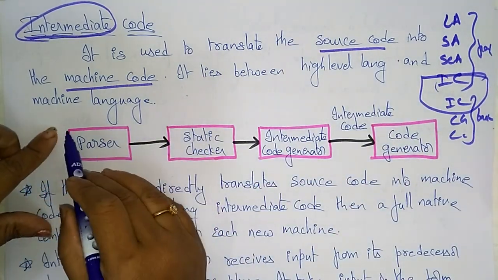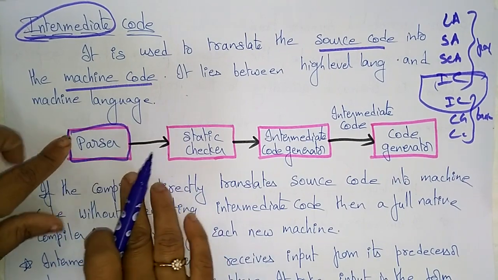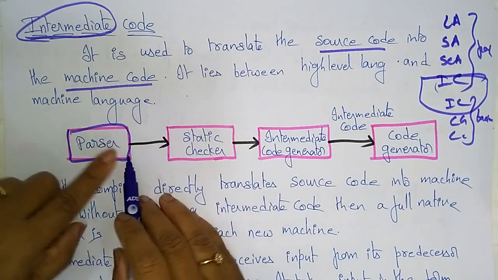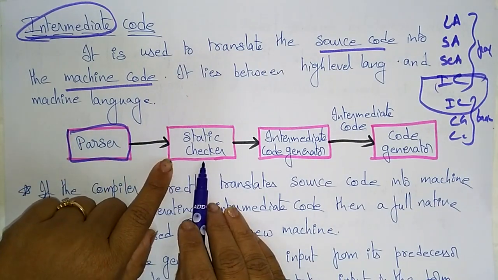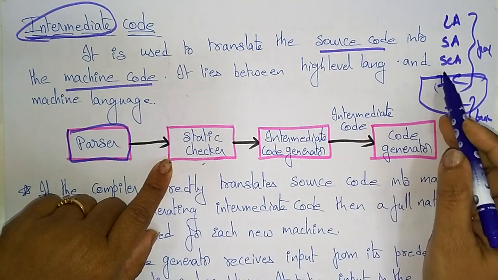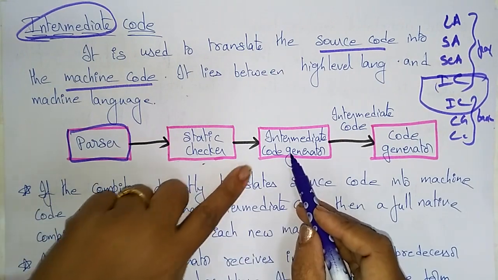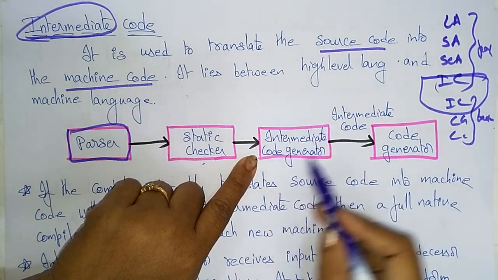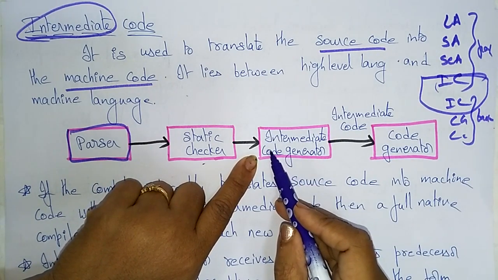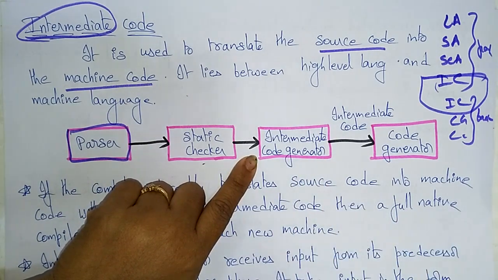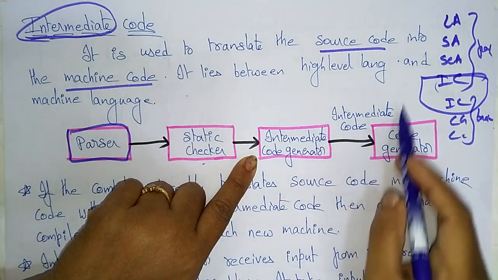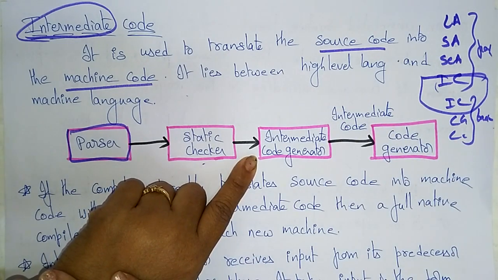So let's take, this is a parser. You know that the parser is represented as a syntax analyzer. So the parser first, then the static checker will be there with the help of the semantic analyzer. Next is the intermediate code generator. So this intermediate code generator is going to give the already converted information to the code generator with the help of the intermediate code.